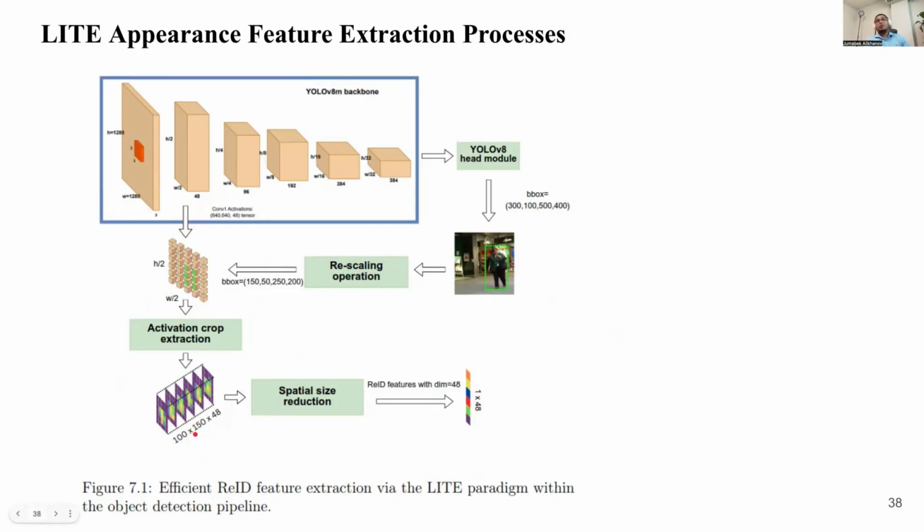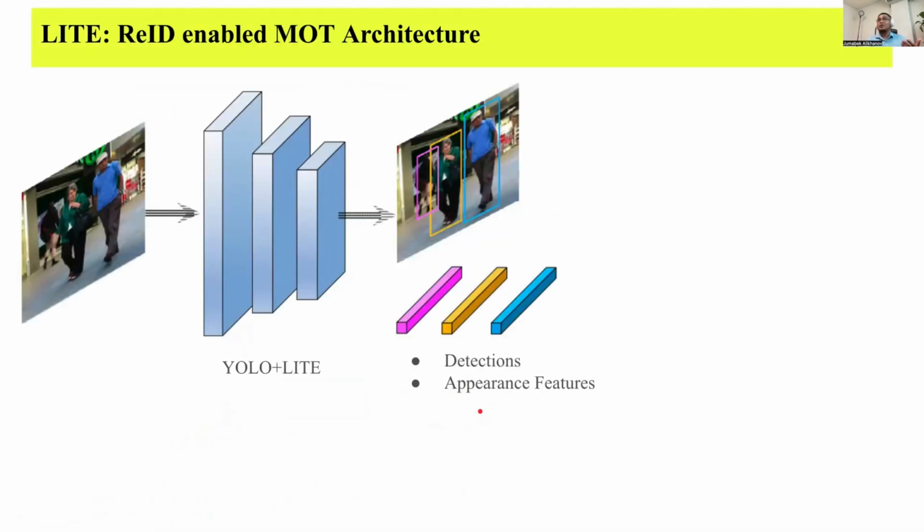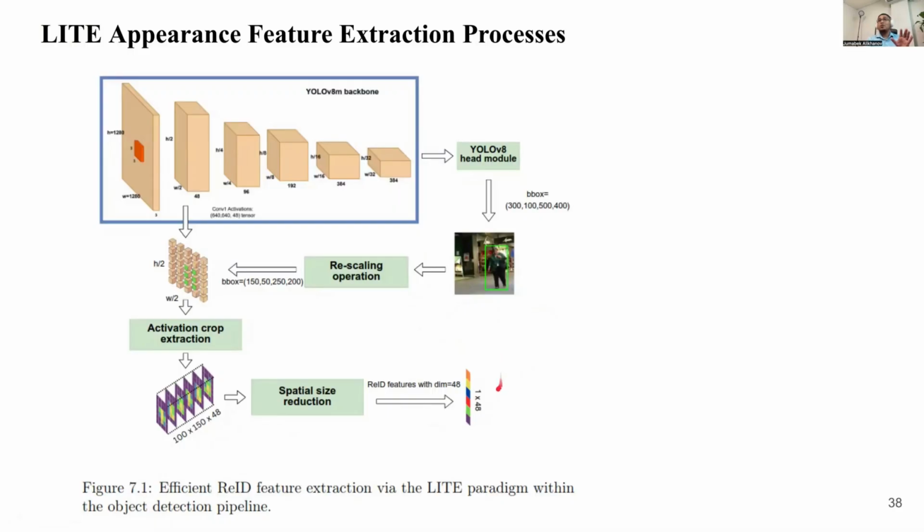So in order for this methodology to work, we need to have a fixed-size vector. So what we do is we just reduce these dimensions by averaging, and then get a 48-dimensional vector. That is what this representation is. So now we have appearance features.